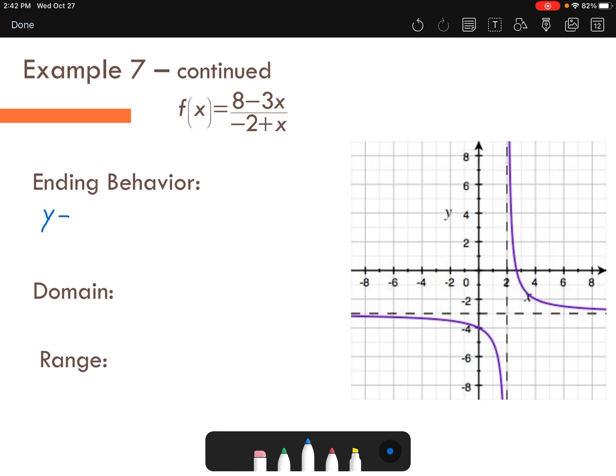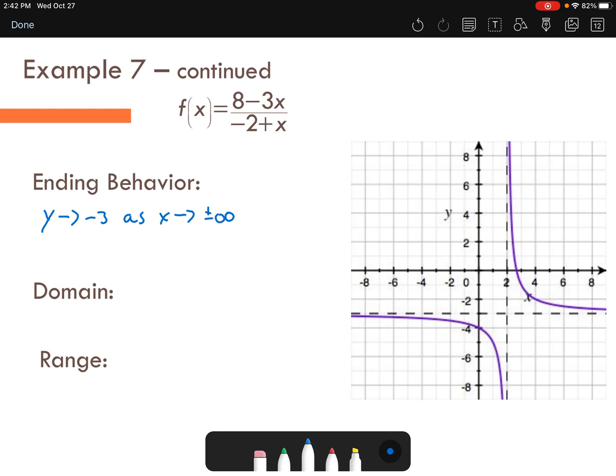Now what is the end behavior? What does y approach as x approaches negative infinity? Negative 3. So y approaches negative 3 as x approaches negative infinity. And it also approaches negative 3 as x approaches positive infinity, doesn't it?